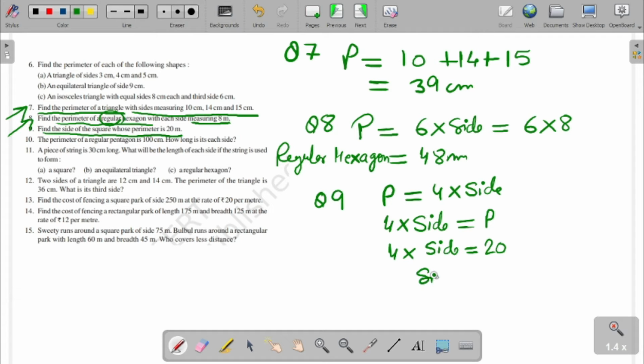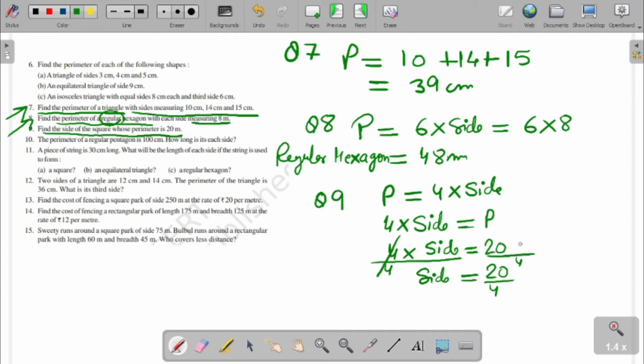So side is equal to 20 divided by 4. What have we done? We have divided both sides by 4. If you divide this by 4 and this also by 4, this gets cancelled.